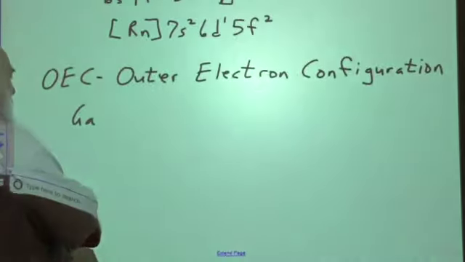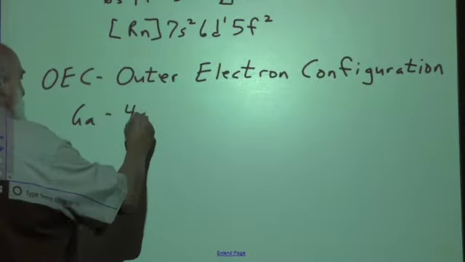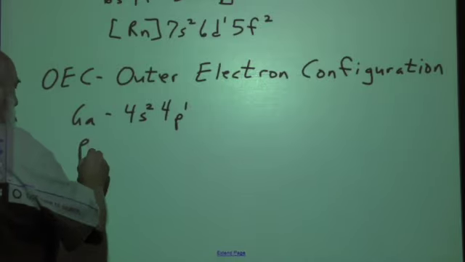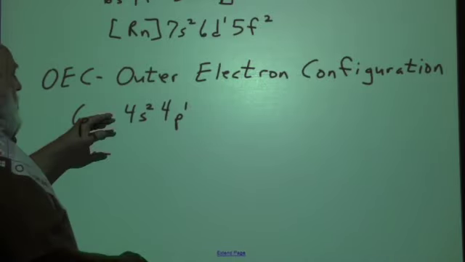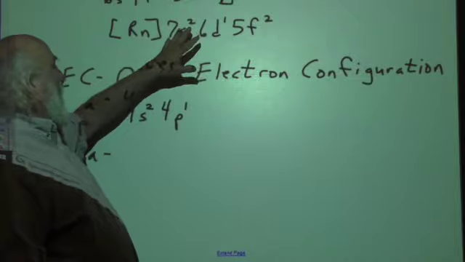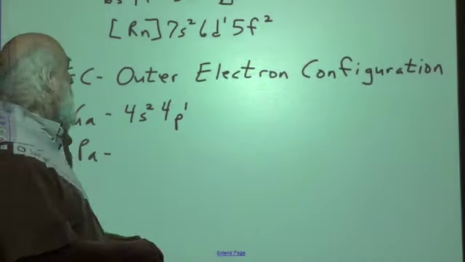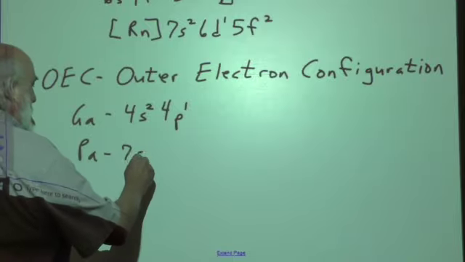So that becomes 4s2, 4p1. And for protactinium, it gets even easier because 7 is the highest number, and that's the only 7-level electron we have, so it's just 7s2.